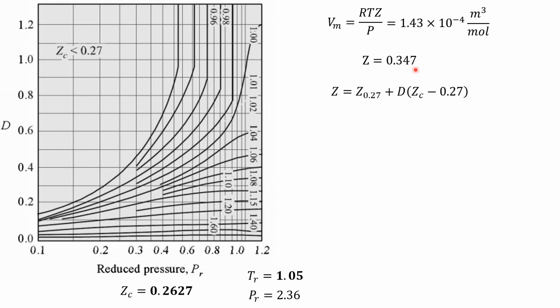So after putting this value we can estimate the value of D, and the deviation factor came out 1.77. Because in this chart we directly cannot read the value of D using TR and PR, because PR is drawn up to 1.2 and we need to see PR at 2.36. That's why I did back calculation so that we can estimate the value of D.